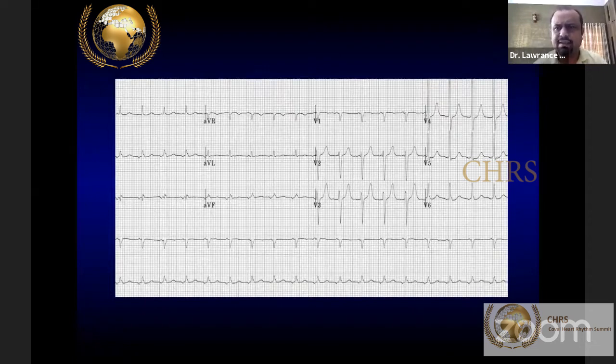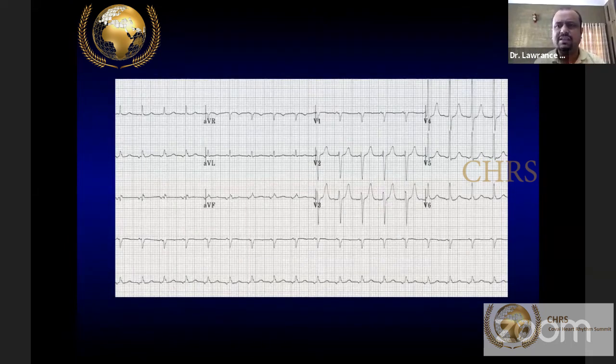The only doubt looking at this rate is, is it a sinus tachycardia? No, it is not sinus tachycardia, because you look at the inferior leads, your P waves are negative. In a sinus rhythm, because you have a sinus node which is sitting at the top of the heart, your inferior leads will always record positive P waves.